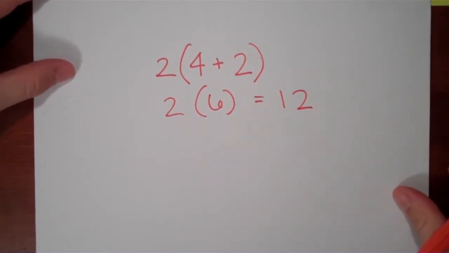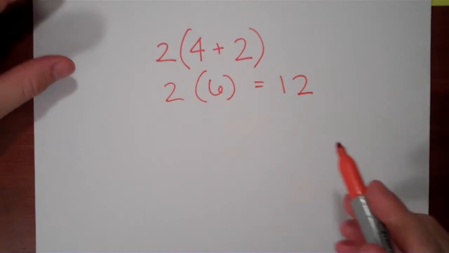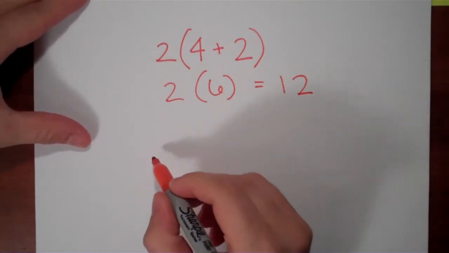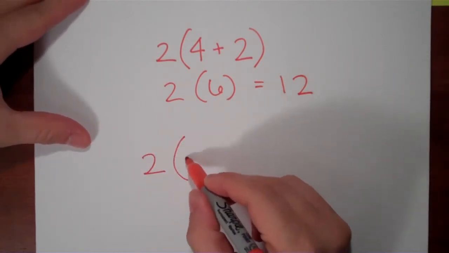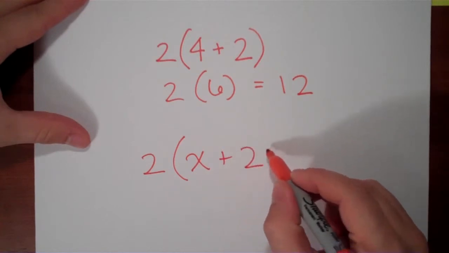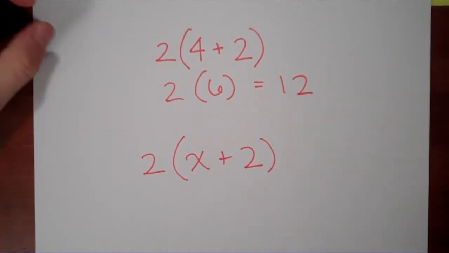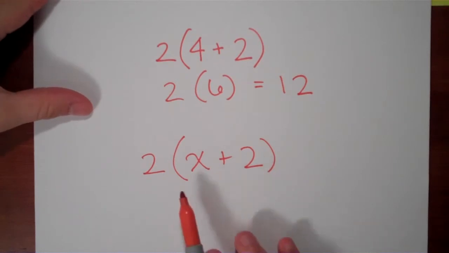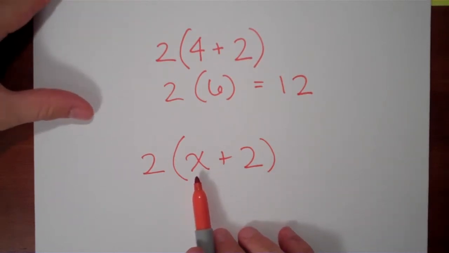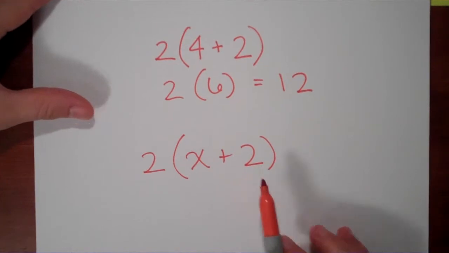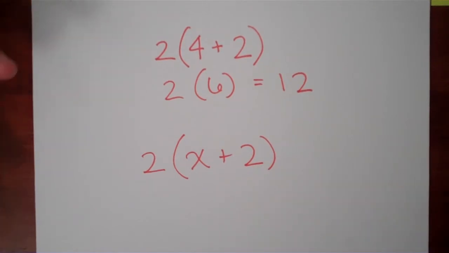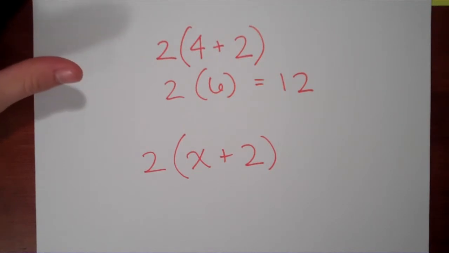Now, in algebra though, we might see something like this: 2 times x plus 2. And we don't know what x is. So we can't add x plus 2 because these are not like terms. x and 2 is a constant. We cannot add those together because we can't simplify them. So to simplify this is when we use the distributive property of mathematics.